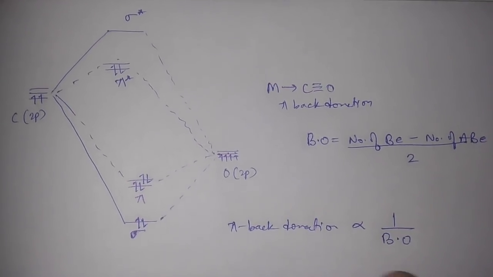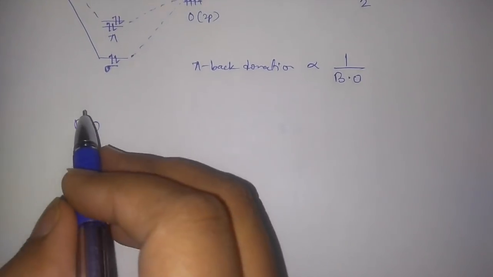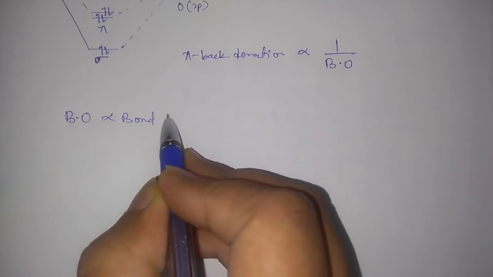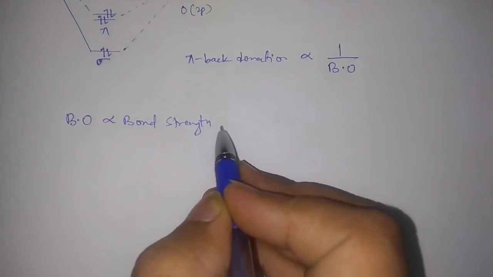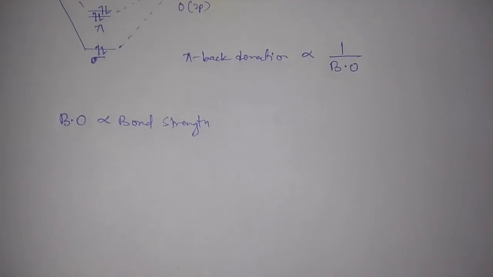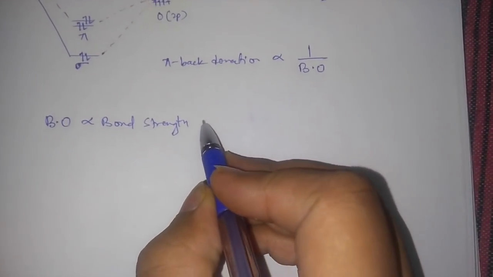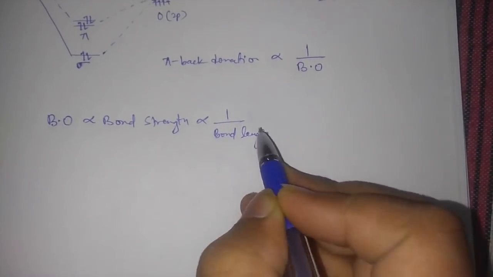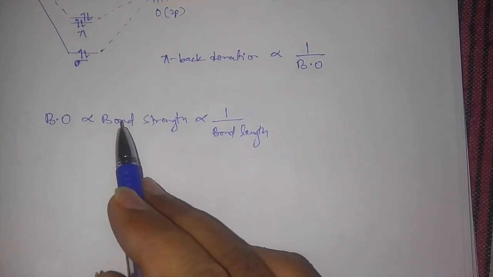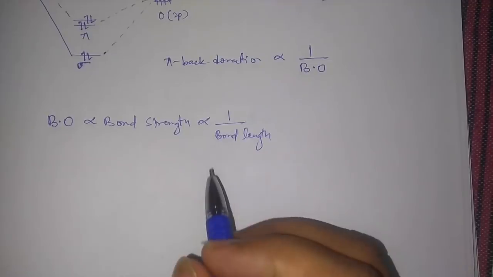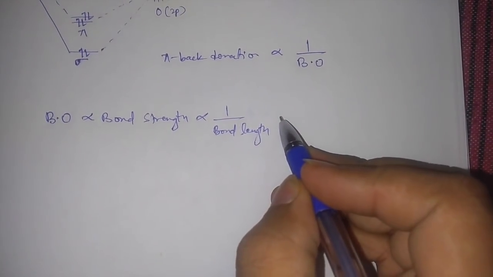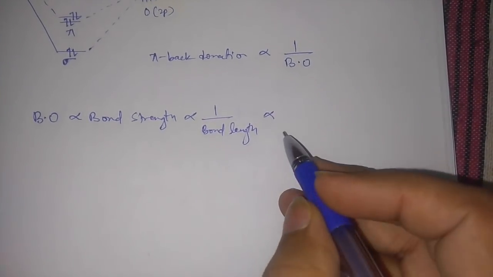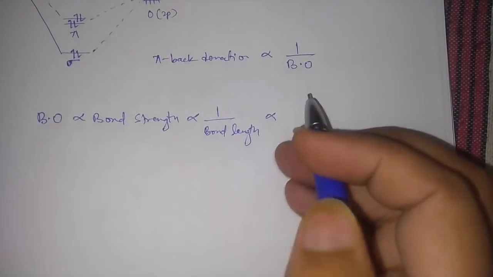Now the things are related to each other. See how bond order is related to bond strength: bond order and bond strength are directly proportional, and bond strength and bond length are inversely proportional. So if the bond length is less, then bond strength will be more. These two are inversely proportional. Then the frequency of the bond is directly proportional to bond strength.